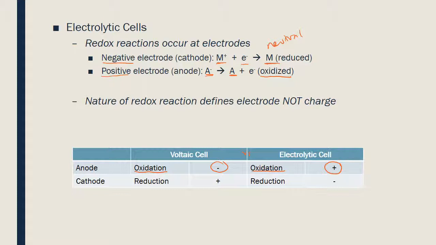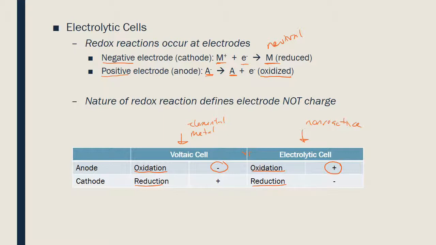Another major difference is that in the voltaic cell, the electrode is typically made of the metal that is the element in which we're running the reaction, whereas the electrode in the electrolytic cell is a non-reactive metal. So differences there. The cathode, as you can see, reduction occurs no matter the cell, right? So the cathode is reduction.